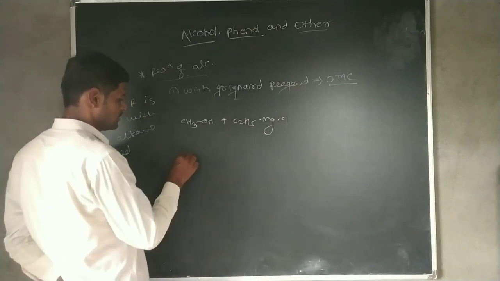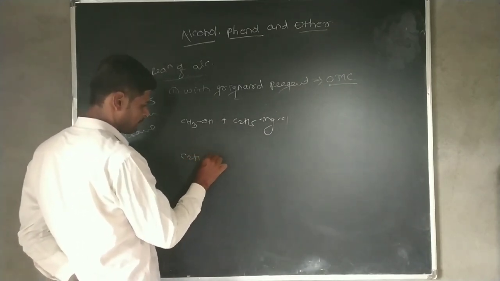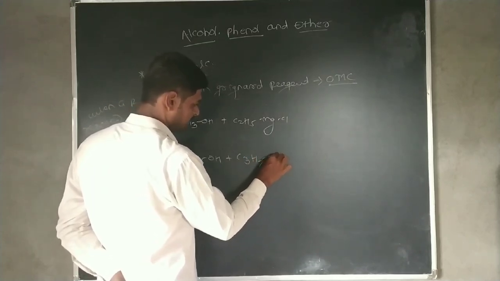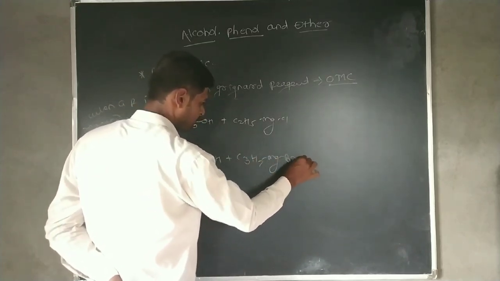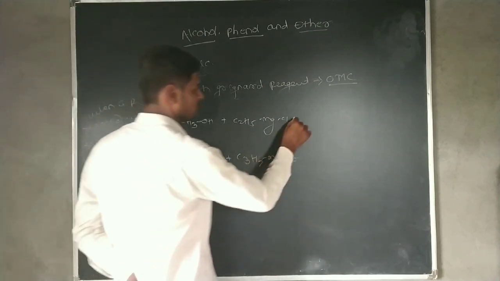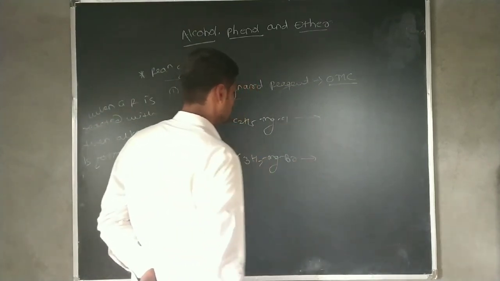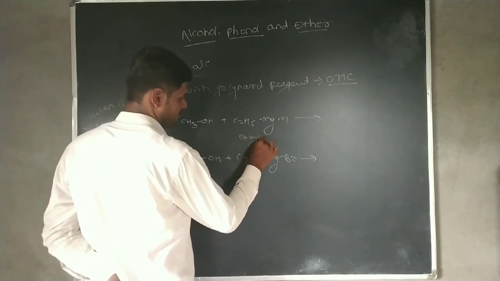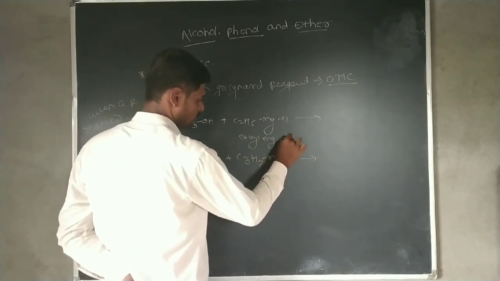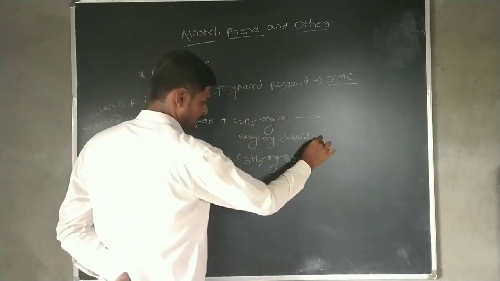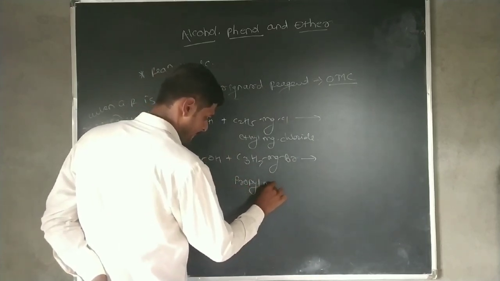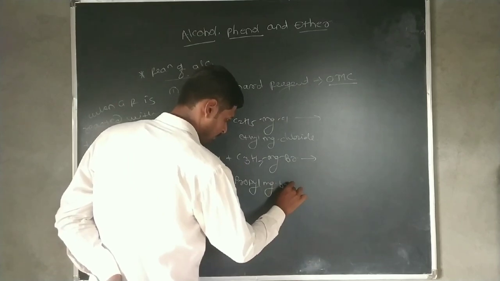Then C2H5OH plus C3H7MgBr. This reaction is carried out. This is ethyl magnesium chloride, and this one is propyl magnesium bromide.